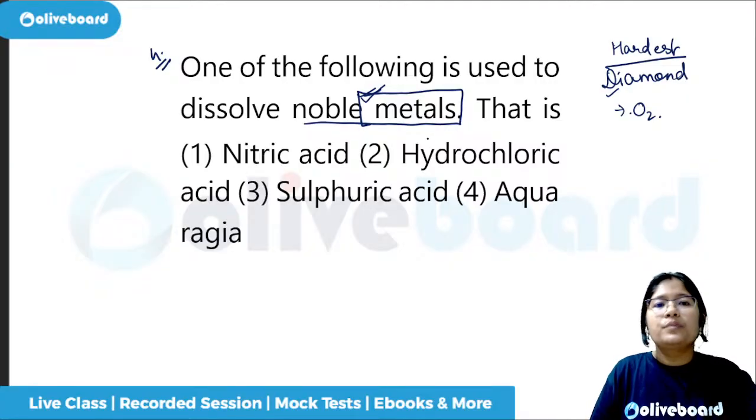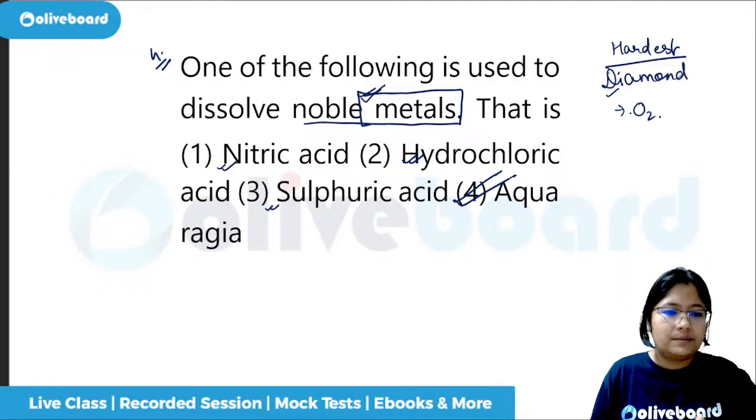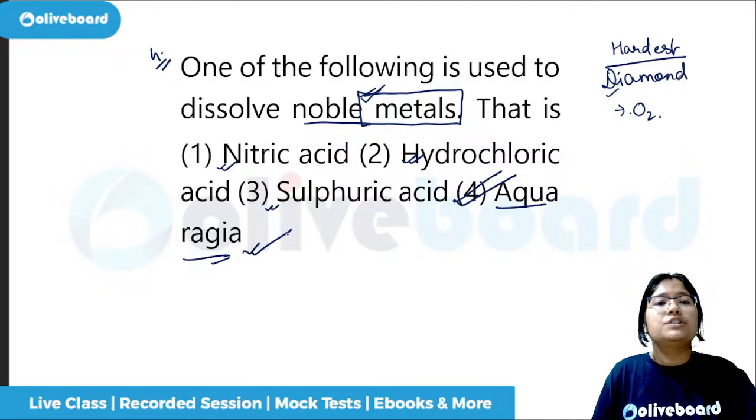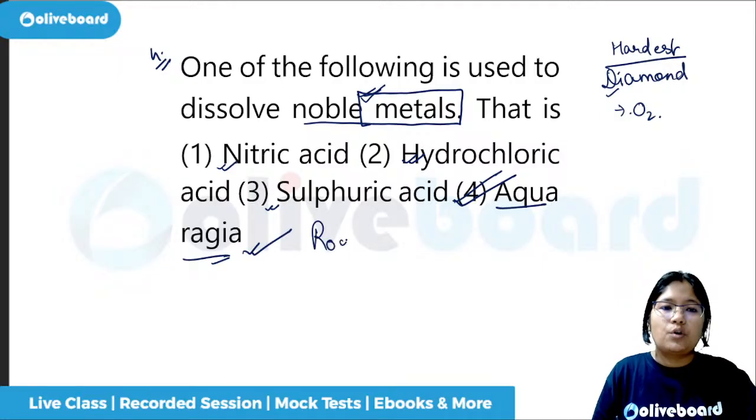Yes. How? Is nitric acid used, hydrochloric acid, sulfuric acid, or aqua regia? What is the correct answer? D. Correct, Prabhat? Aqua regia is used. Aqua regia, which is also known as royal water, is used to dissolve even noble metals.